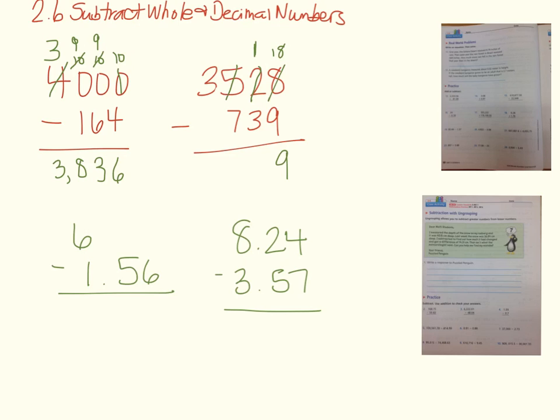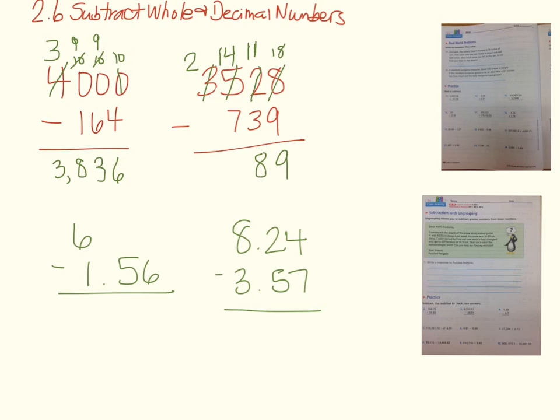So I'm going to take one of my hundreds, give it to the 10. Now I have 11 tens. Take away 3 tens is 8 tens. I can't take 7 hundreds from 4 hundreds. So I'm going to take my 3,000s. I'm going to give one of them over to the hundreds.